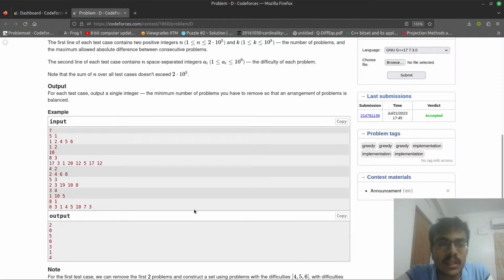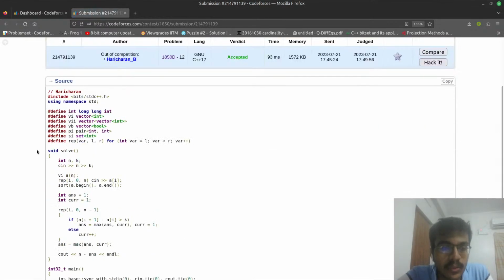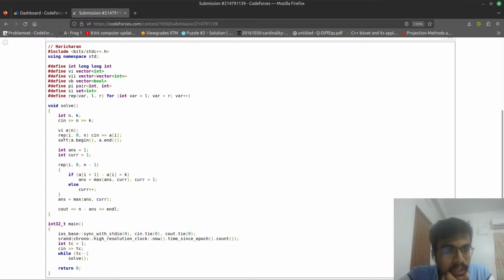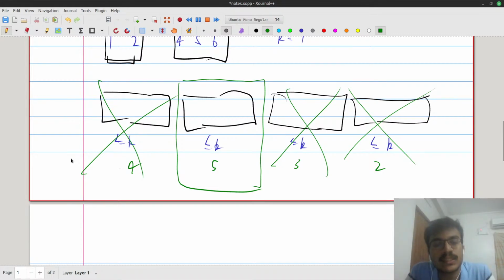Okay. So I'll show you my implementation for D also. Let's see how that works. I just took in the array as input. I sorted my array as I explained. After that I have a variable called current, which is how big the current subarray is.